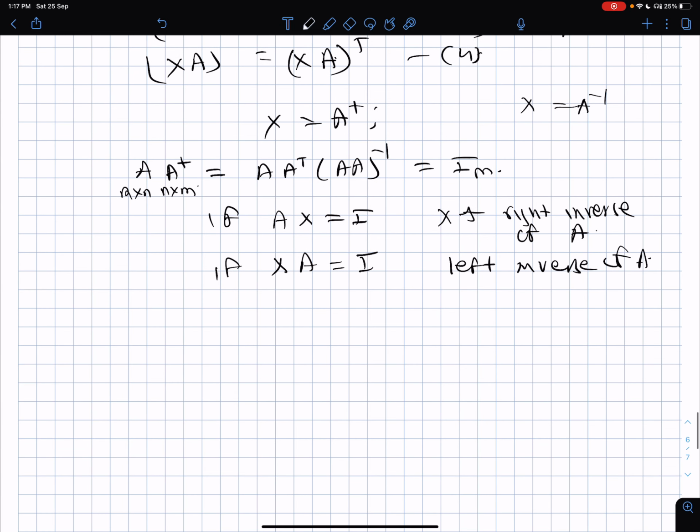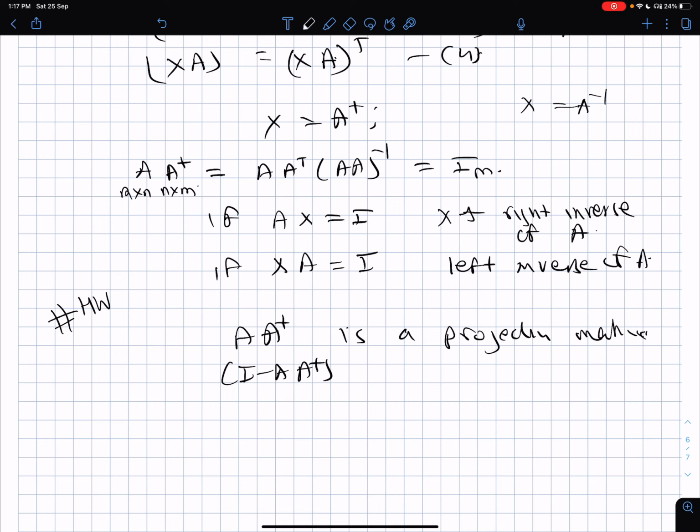Again, I leave it to you to check that AA plus is a projection matrix. Once you have shown that, it automatically means that I minus AA plus is also a projection matrix.